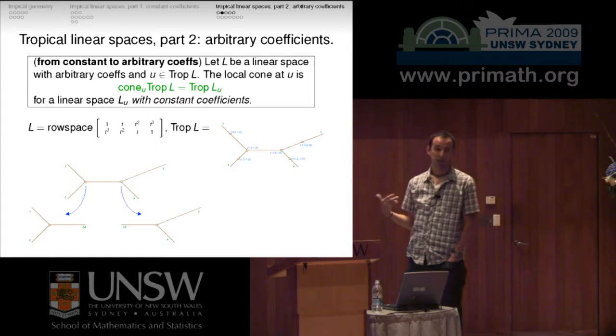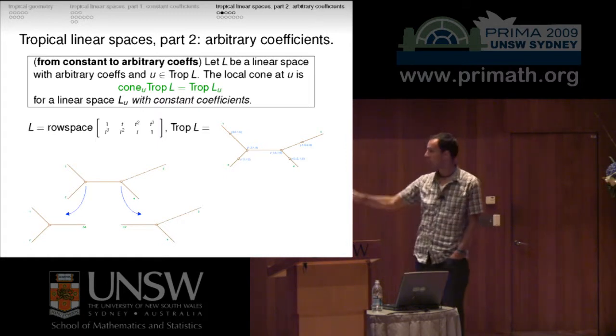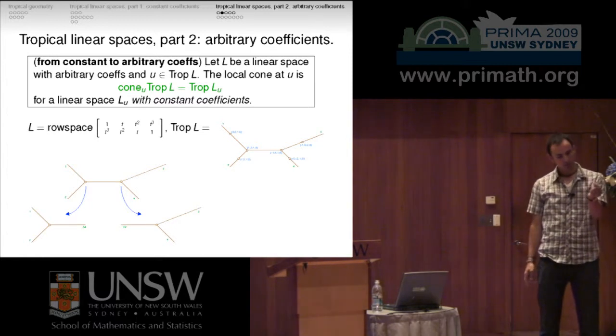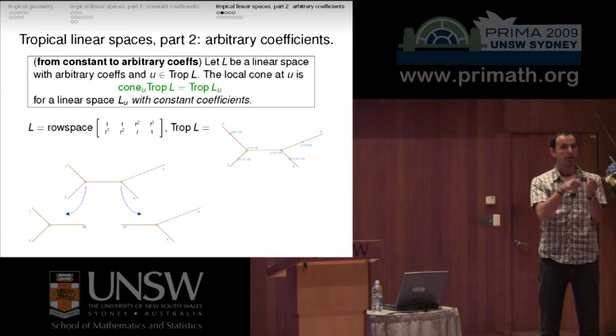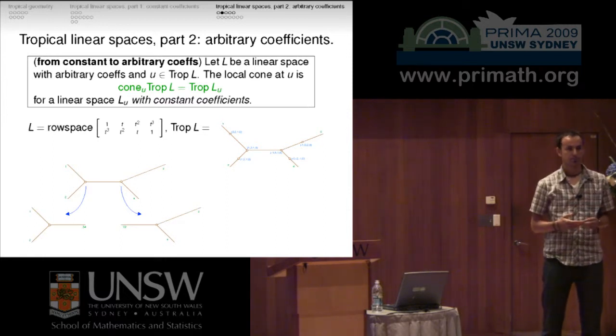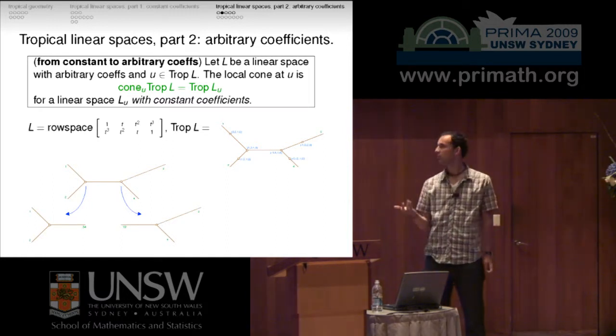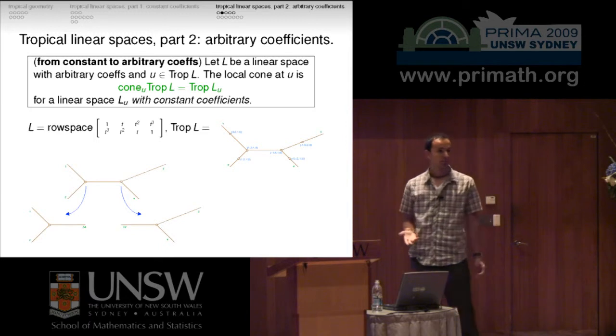There's a nice observation: if you take any tropical line with arbitrary coefficients, and you stand at a point and see locally what's around you, then what you get is also a tropical linear space, but with constant coefficients. So locally, we understand exactly what happens.